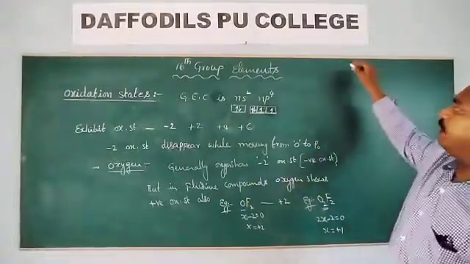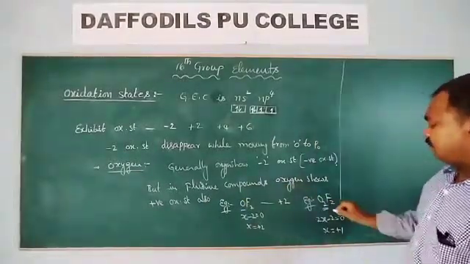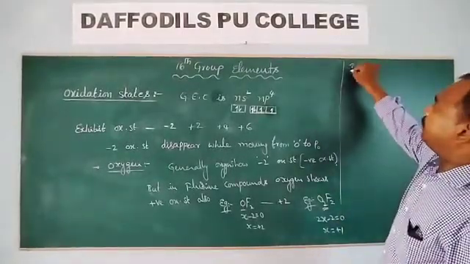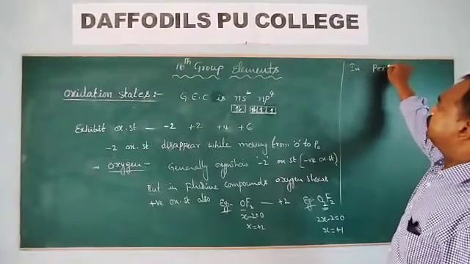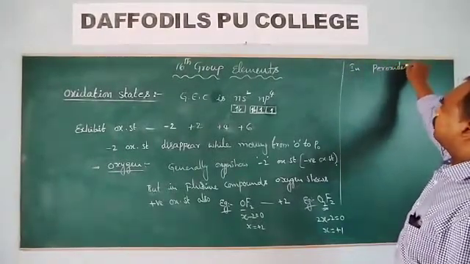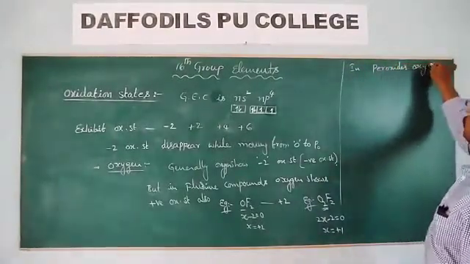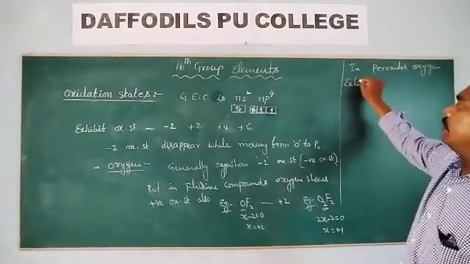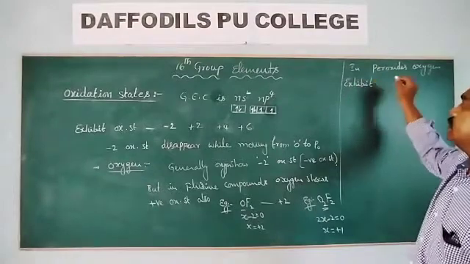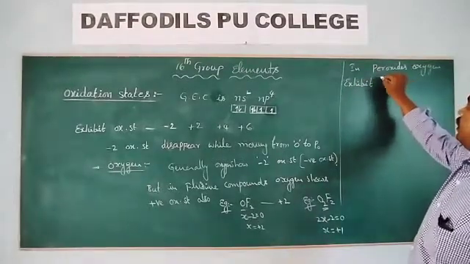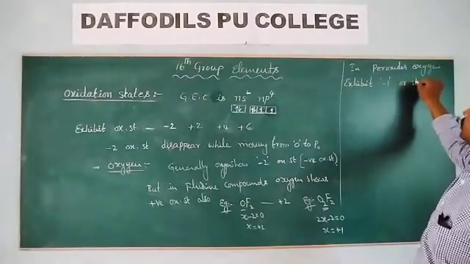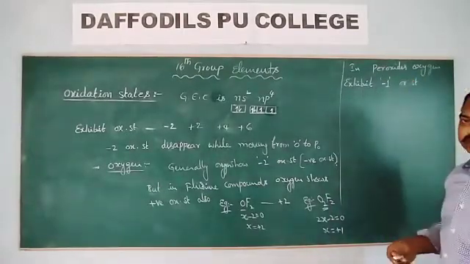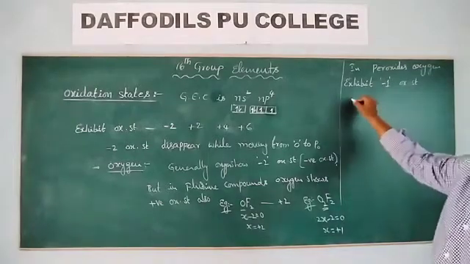Next we will look at another negative oxidation state of oxygen, in peroxides. In peroxides, oxygen exhibits the -1 oxidation state.